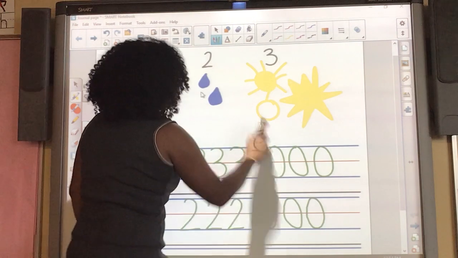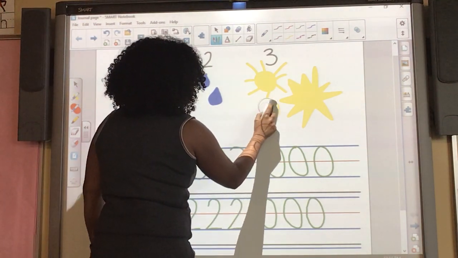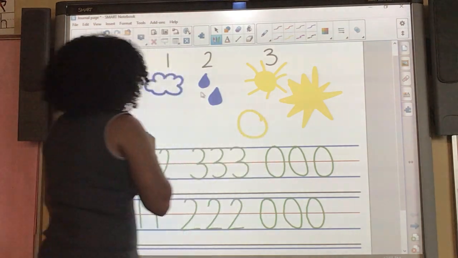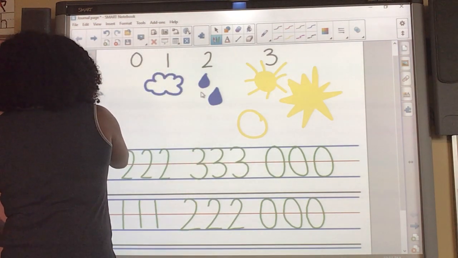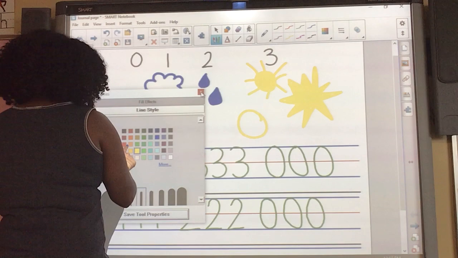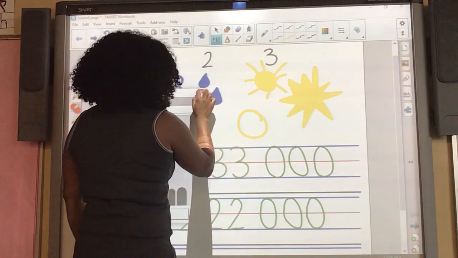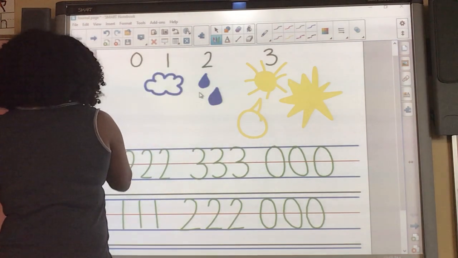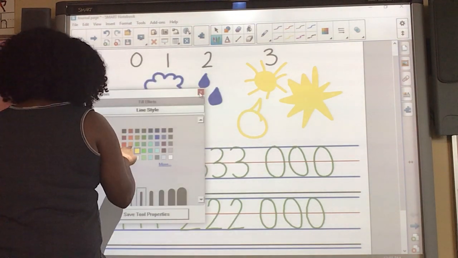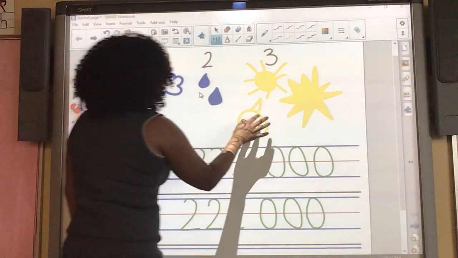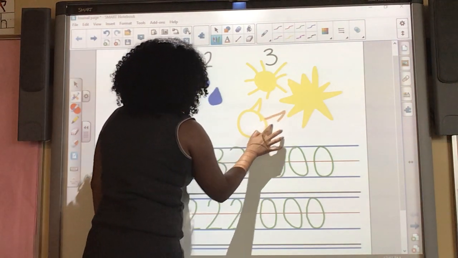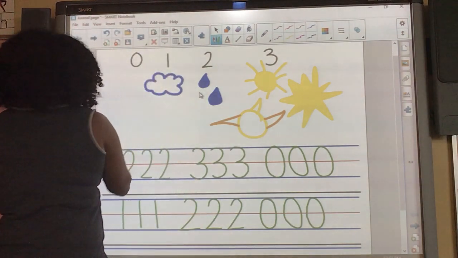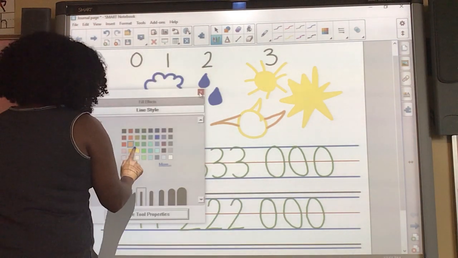I'm going to erase this one and move it over a little bit. 1 sun, 2 suns, here's my 3rd sun. And actually, I'm going to change the color a little bit. I'm going to add some orange to this one. Where's my orange? And my yellow, I'm going to go back to yellow.